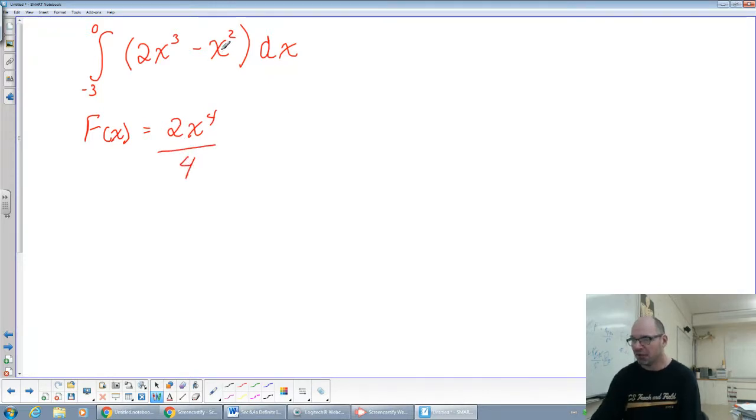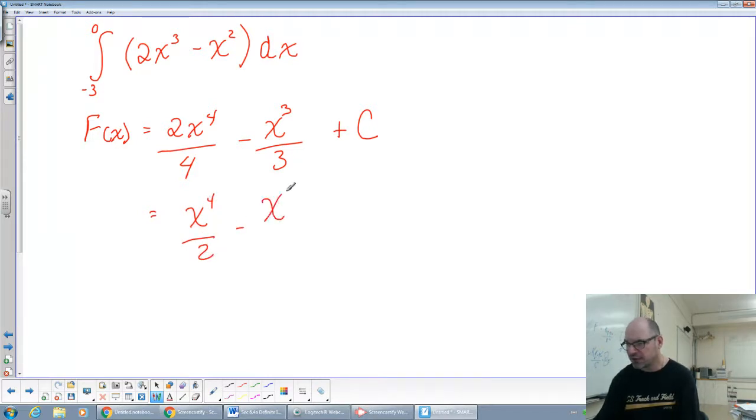And then this one, negative x to the third over 3 plus a c. So we'll reduce to get x to the fourth over 2 minus x cubed over 3 plus a c. Okay, so there's our f of x, our integral part.